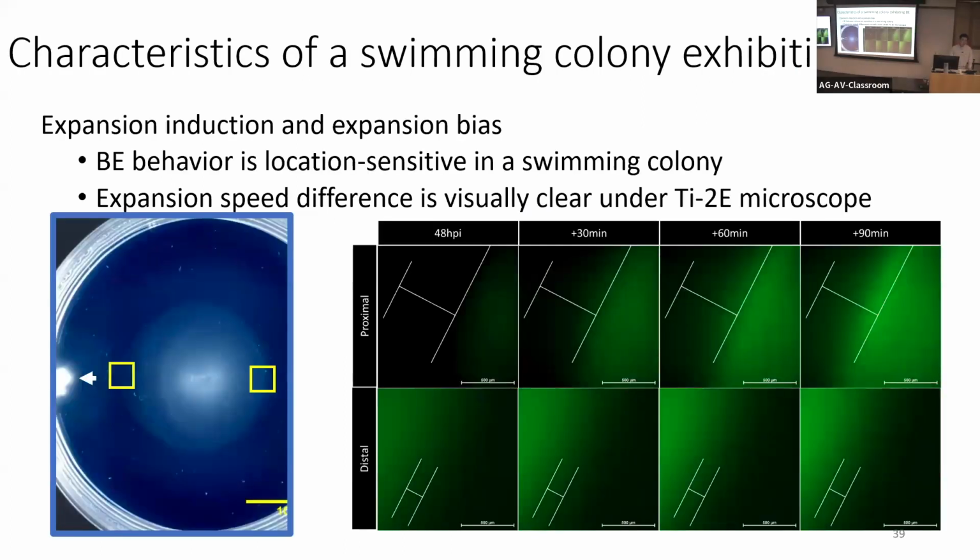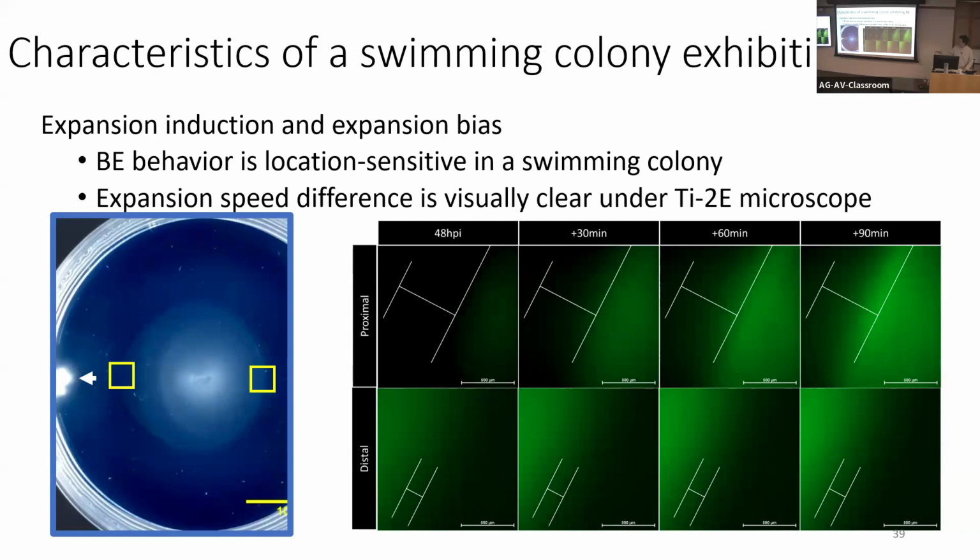So we recently, with the help of the new fancy microscope we got, were able to look at that more closely. Here I'm showing you on the top, in this panel, the bait is towards the left. On the top, I'm showing a field of view at a fixed coordinate on the proximal edge of the population, and on the bottom is the distal.